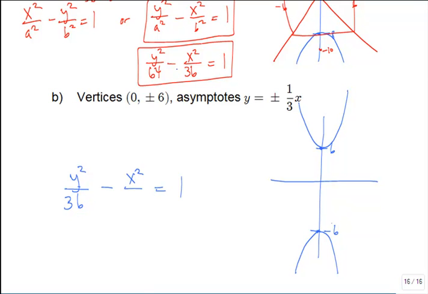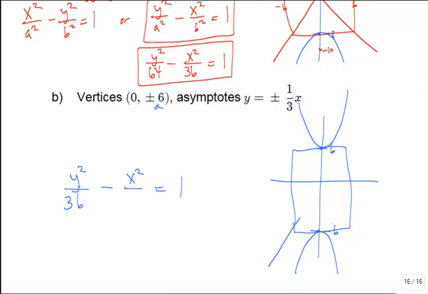So how am I going to find out this b squared over here if I know a squared? In the last problem, we happened to know the foci, so we knew c and we knew a, so we could find b. In this one, it's not as obvious, because you know what the a is. That's what this 6 is, but we aren't told the foci at all. All we're told are these asymptotes. So there must be enough information in order to figure this out. So let's think about what it tells us. Remember, your asymptotes come from this box.